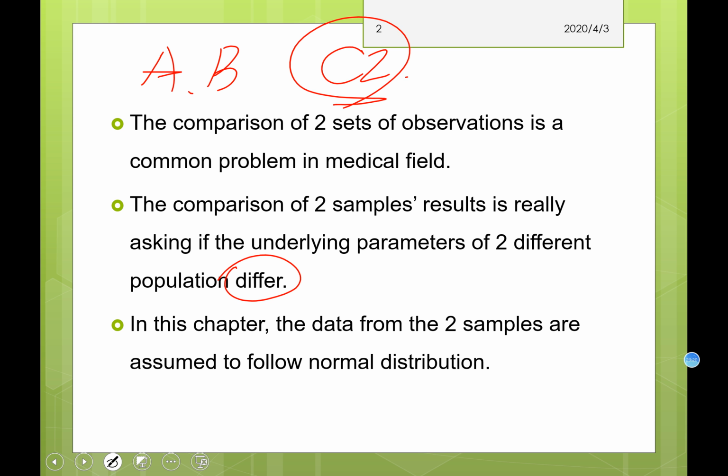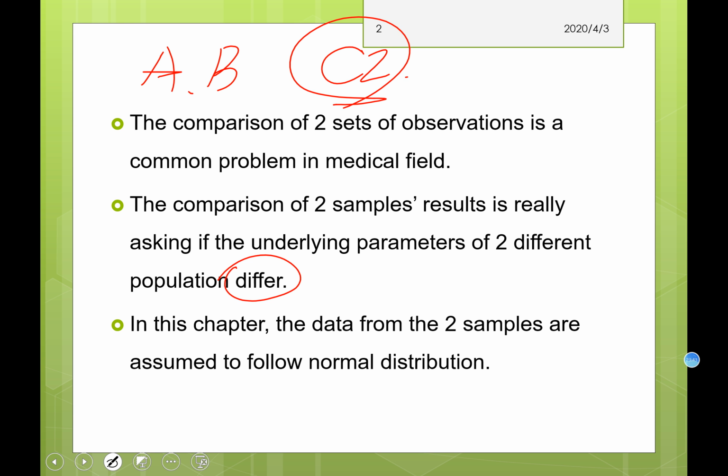If you find these kinds of keywords, you can know what methods you can use to solve this question. For example, if you can find the word difference, then you can use hypothesis test, not estimation.